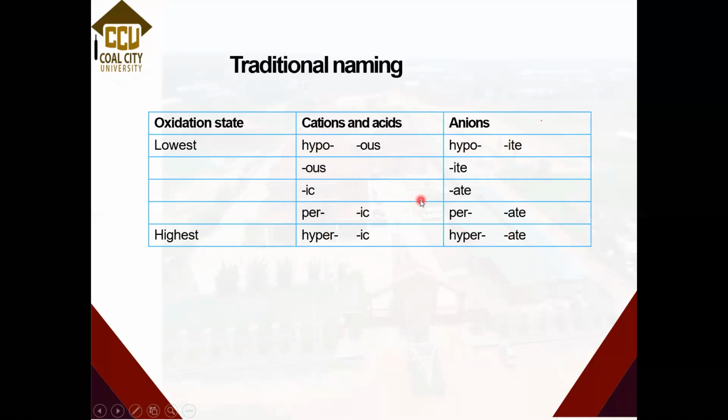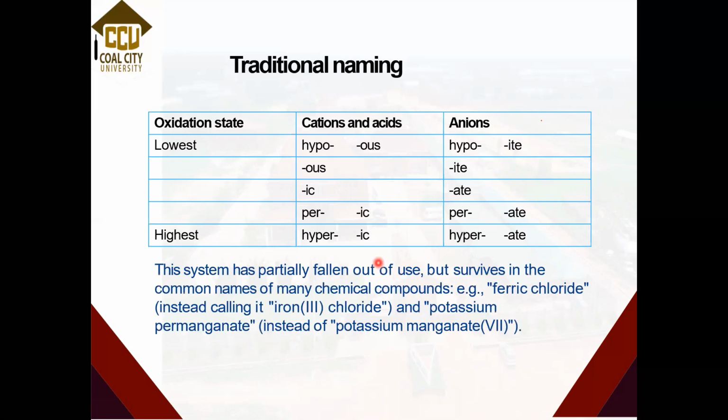So you can see these are the same statements we have been discussing before now. Instead of using this, we can also use parentheses to show the different oxidation state to make it clearer, but this is the traditional naming, which I've also explained before. The system has partially fallen out of use, but survives in the common names of many chemical compounds.